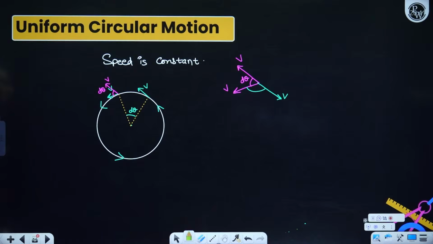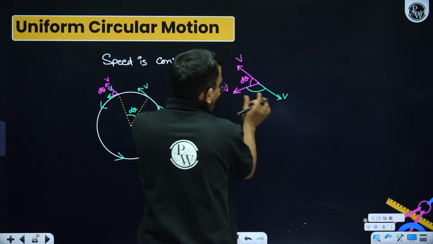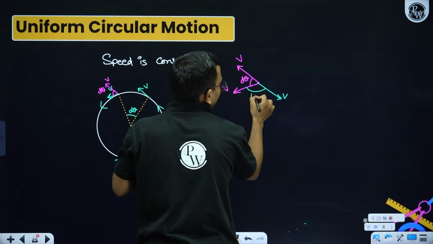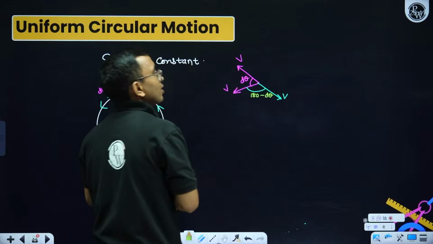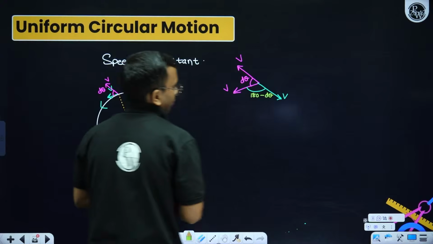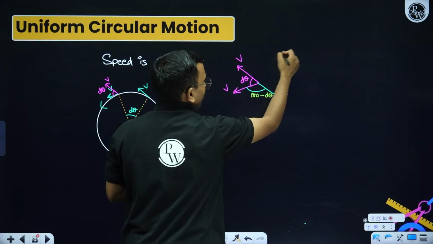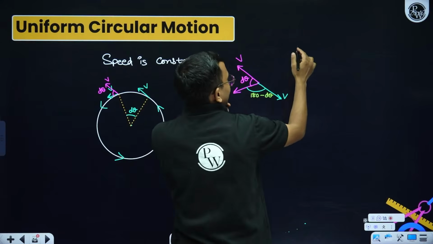What will be the resultant of these two vectors, v and v? What is the angle? 180 minus d theta, like this. Now, two vectors at this angle, what will be the resultant magnitude?